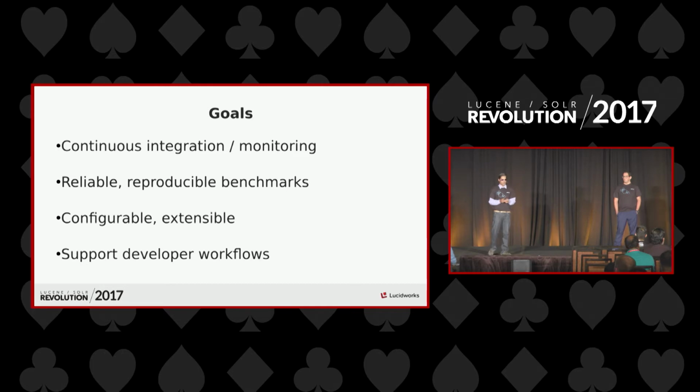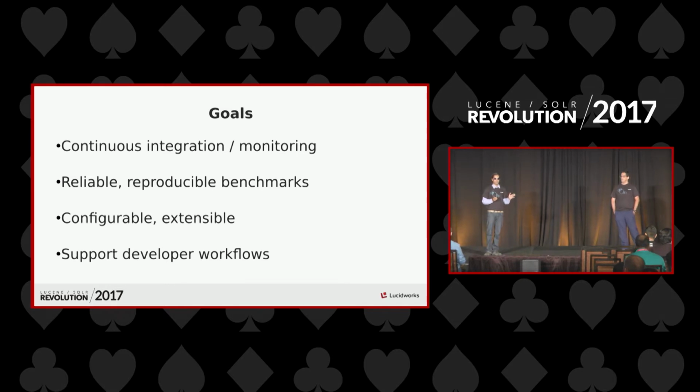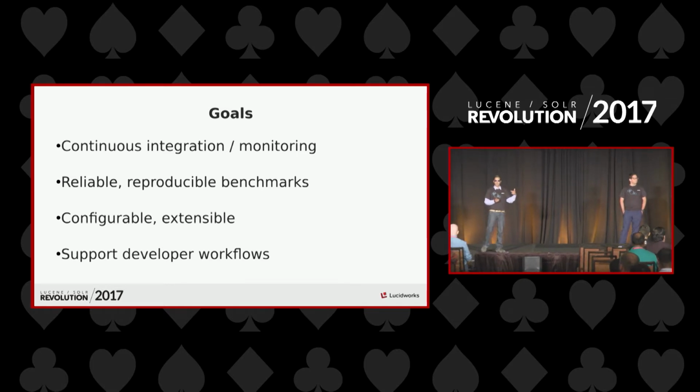So continuous integration, monitoring. We wanted these metrics to be reliable and also reproducible. Reproducibility is something which is hardware specific. If you consider a particular box and you run the benchmarks over and over on the same box, the results are expected to be reproducible.